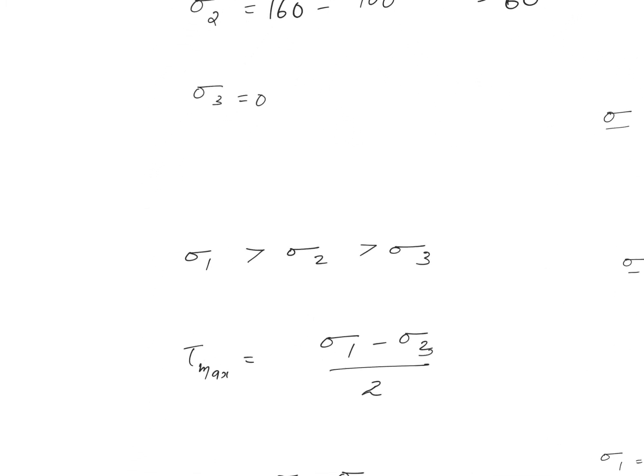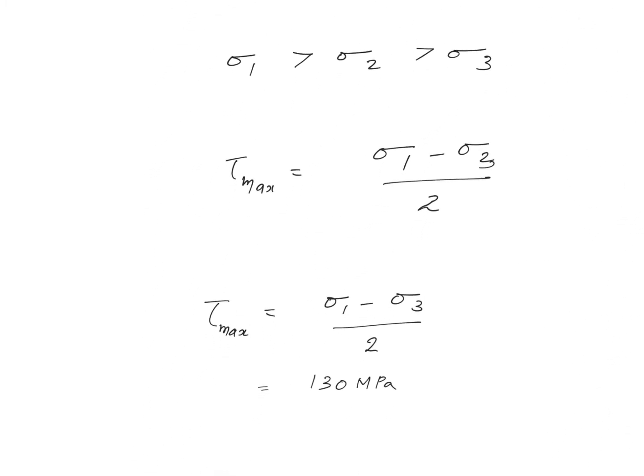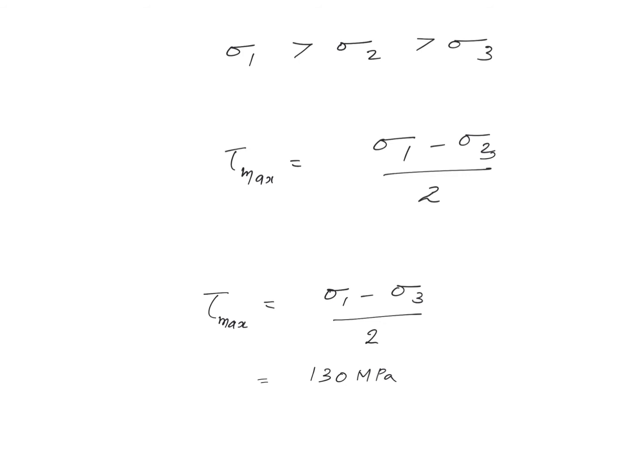Now I have arranged them and I evaluate the maximum shear stress acting at that particular point. They said it's a critical point, so the maximum shear stress at that point is 130 MPa. Makes sense? And we are not bothered about the orientation. It may be acting along a plane, but we don't know the orientation of the plane.